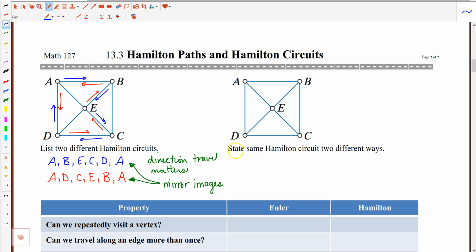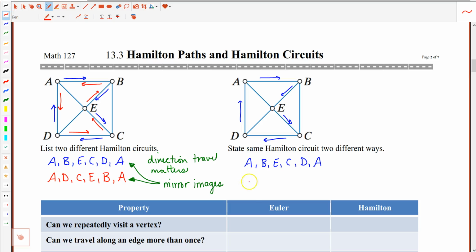So we're going to count these as two different Hamilton circuits. Now, over here, we're going to state the same Hamilton circuit two different ways. So I'm going to start with the same one that we were just looking at, A, B, E, C, D, A. So I'm going to draw it on here, A, B to E, E to C, C to D, D back to A. I'm going to state the same circuit a different way.